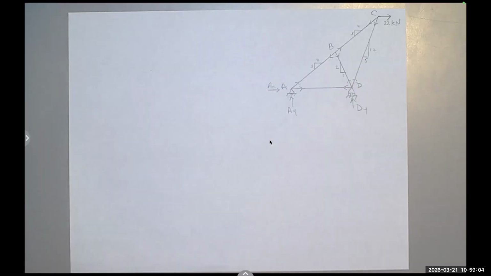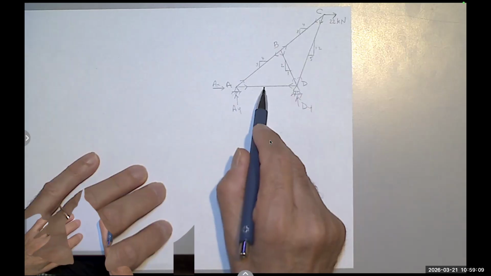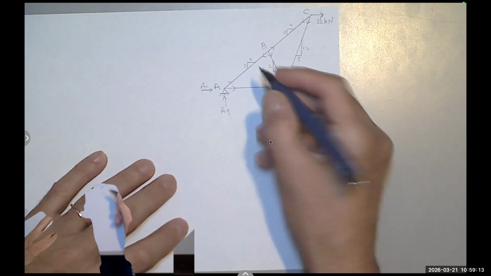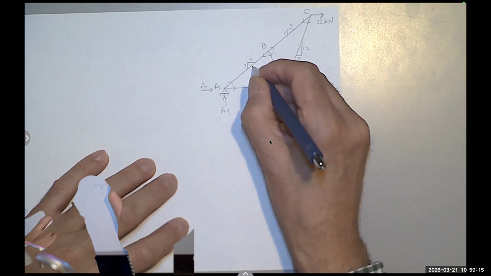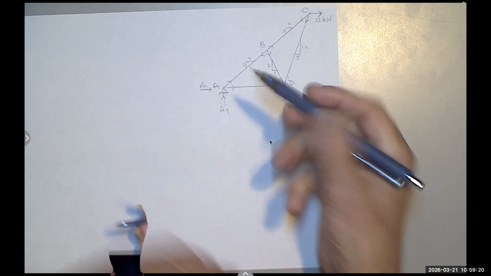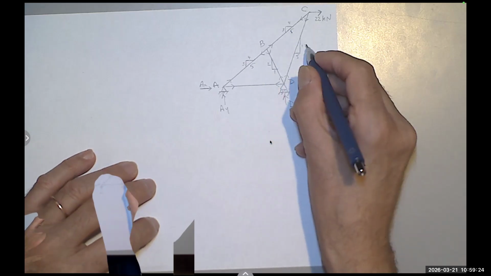Notice in the X direction, I have AD, and then notice, oh, we didn't complete the triangles. 3, 4, everybody knows it's 5, right? That's Pythagoras. 3, 4, 5. 5, 12 would be 13.